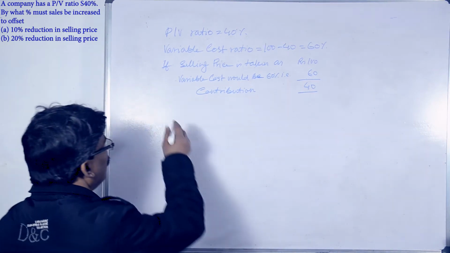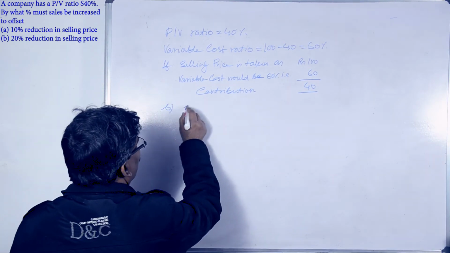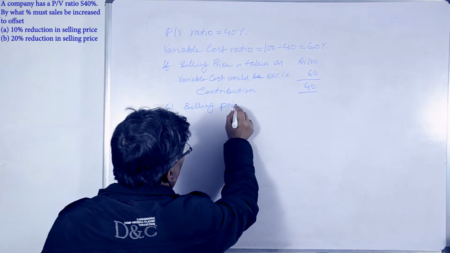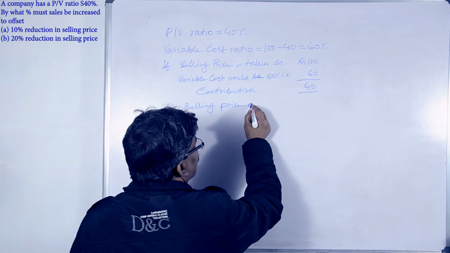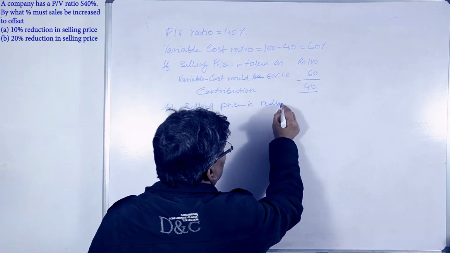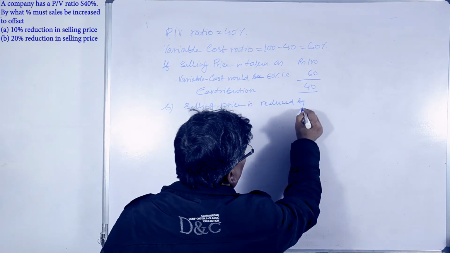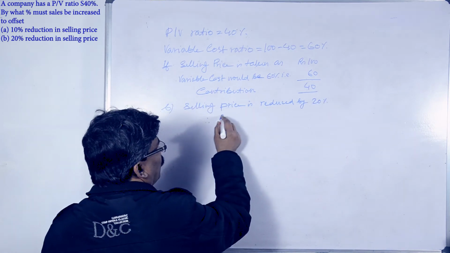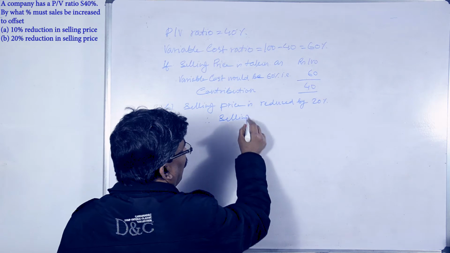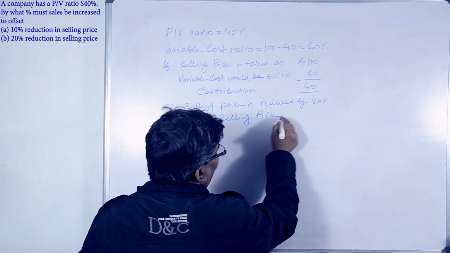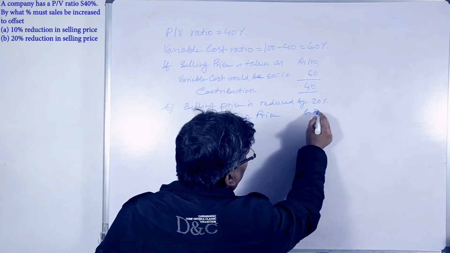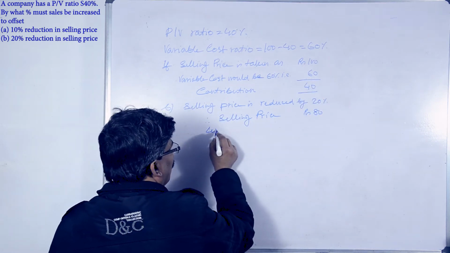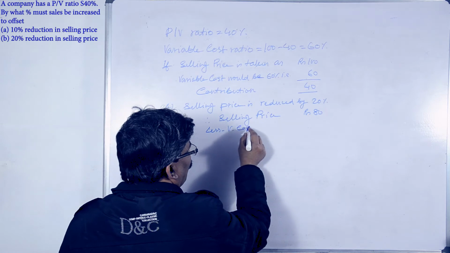In number B, it is said that selling price is reduced by 20%. Therefore, the new selling price will be rupees 80, because it was 100, now reduced by 20% means 80, less variable cost.